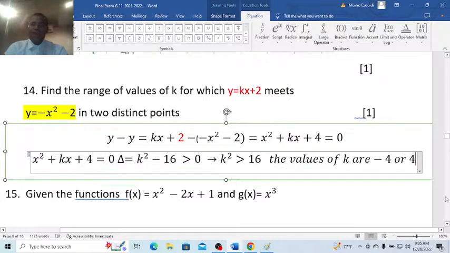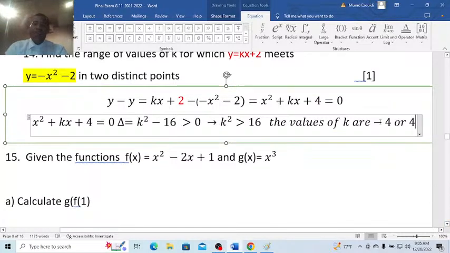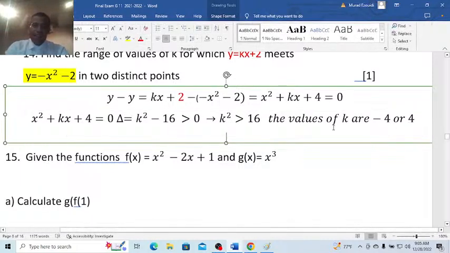Now to solve this inequality, I will make k more than 4 or less than negative 4.